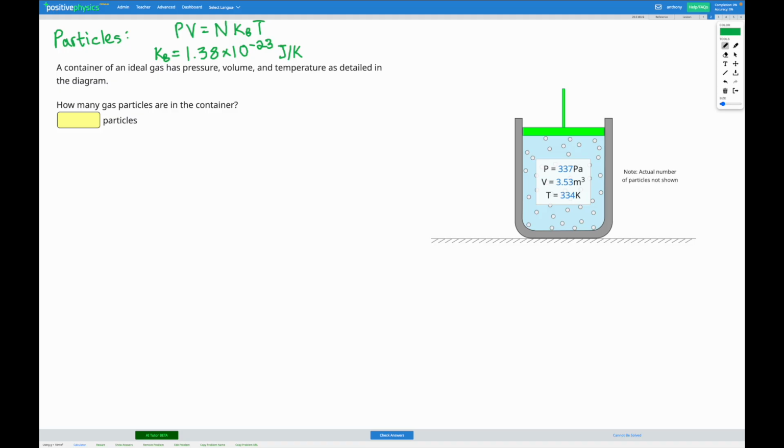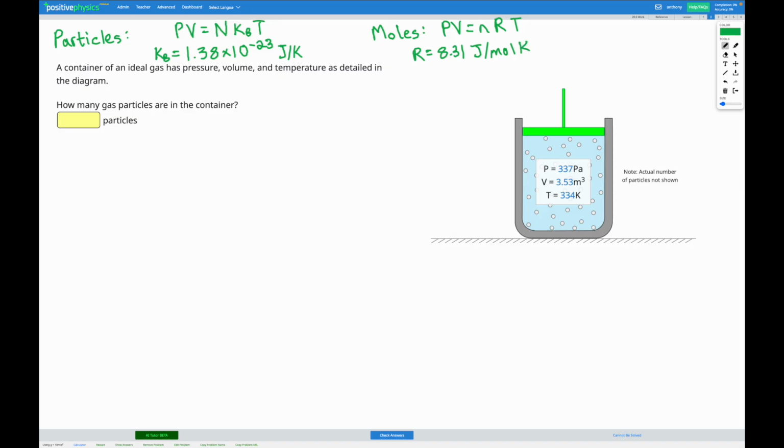Or we have the gas law for moles, which is PV equals lowercase n RT. And in this case, R is the universal gas constant, or the molar gas constant, which is 8.31 joules per mole Kelvin.